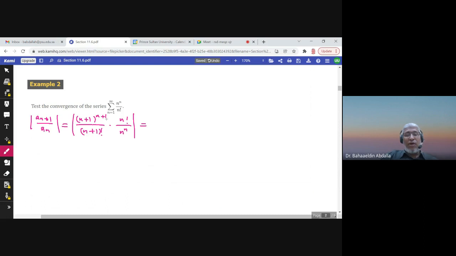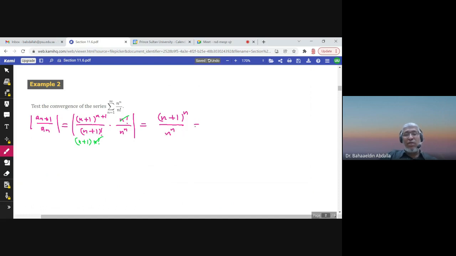And now n plus 1 factorial can be written as n plus 1 times n factorial. And I can cancel n factorial with n factorial. Also, I have n plus 1 to the power n plus 1, and here n plus 1 to the power 1. So when I subtract the powers, I'll have n plus 1 to the power n, plus 1 minus 1, over n to the power n.